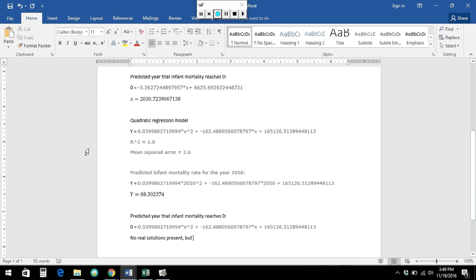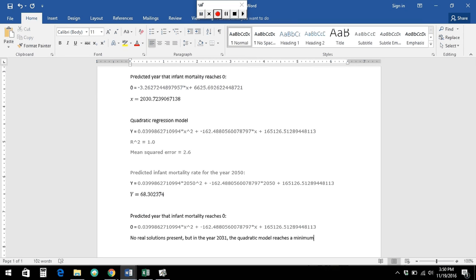So, but in the year 2031, the quadratic model reaches a minimum. And we don't quite know what that minimum value is, but based on the quadratic model, that's when the minimum truly would be in the year 2031. And we're kind of done there, okay?